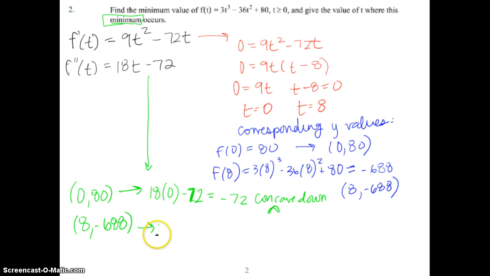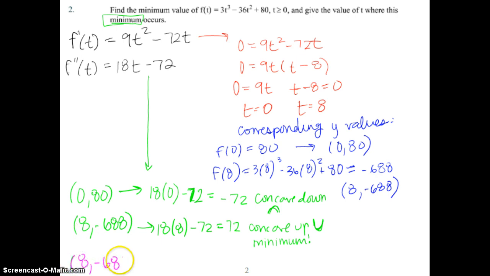So 18 times 8 minus 72 is going to be 72, which is concave up, which means it is a minimum. So the point 8, negative 688 houses the minimum.